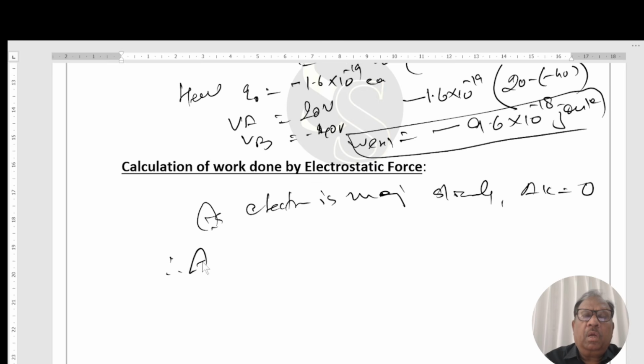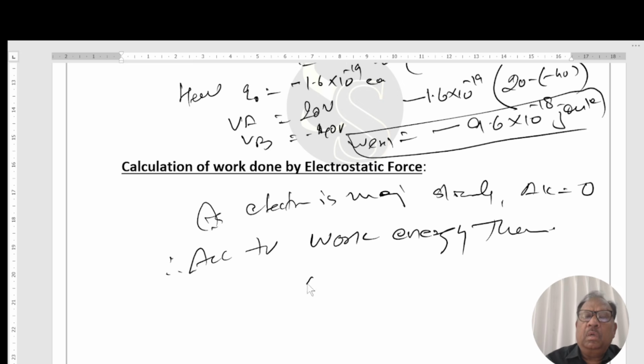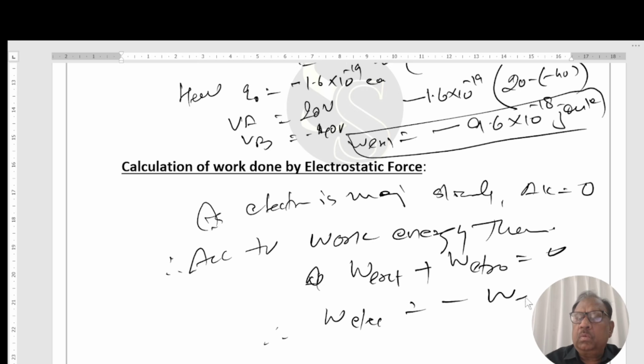Therefore, according to the work energy theorem, W external plus W electrostatic is equal to 0. Therefore, W electrostatic equals minus W external, that is minus 9.6 into 10 to the minus 18.